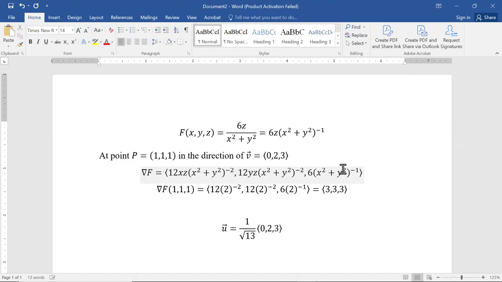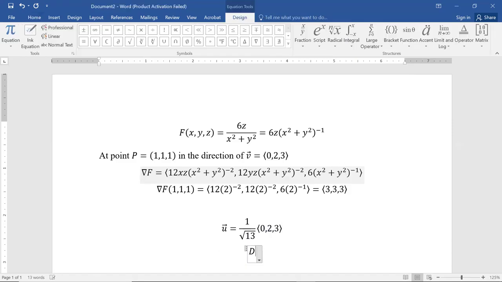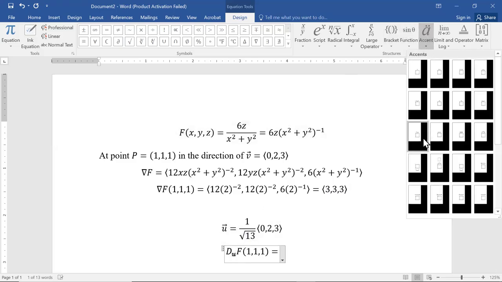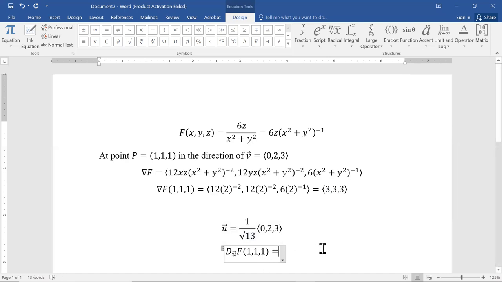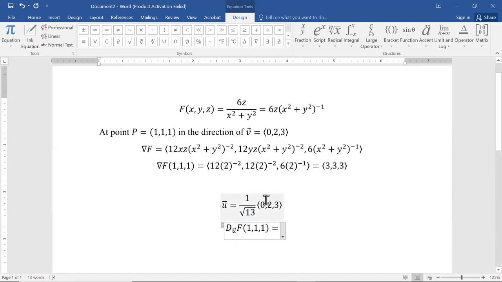All right, so if we're going to calculate the directional derivative in the direction of u of f at the point 1, 1, 1, I can just take a dot product of 3, 3, 3 with this unit vector. So dot product 3 times 0 gives me 0. 3 times 2 divided by square root of 13 gives me 6 over square root of 13.